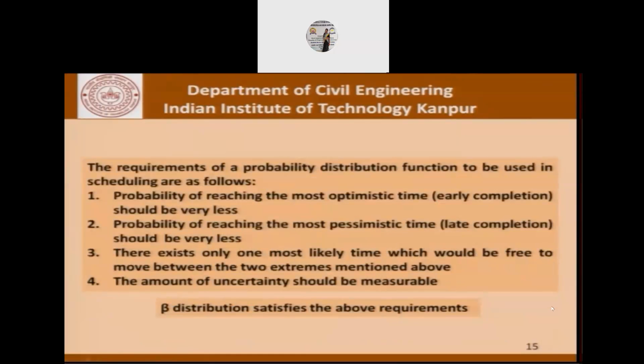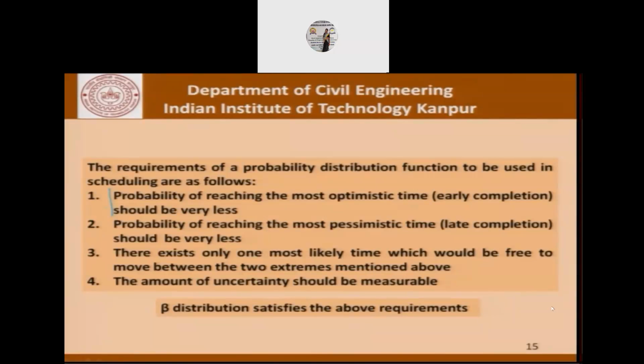So now, what are the requirements that we need to impose in finding the kind of distribution that helps us say that, yes, this is what really meets our requirements? The probability of reaching the most optimistic time, which is early completion, should be very less. So this is a situation where we become lucky and we are able to achieve the target very quickly.